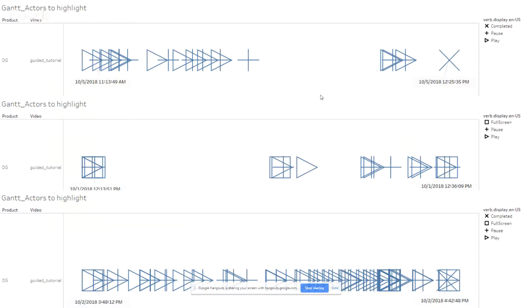So we have triangles for plays and pluses for pause. And then we've also got completed and full screen on a few of these statements. And so we were able to go to the people who were creating the help system, maintaining the help system, and this became extremely helpful.